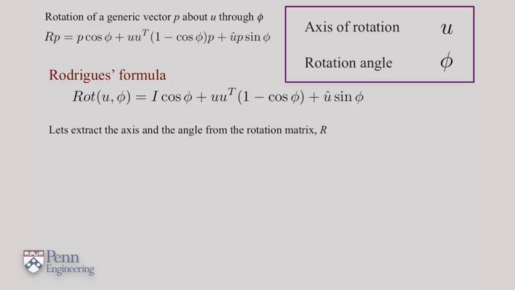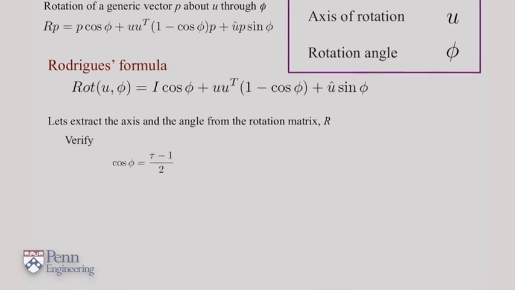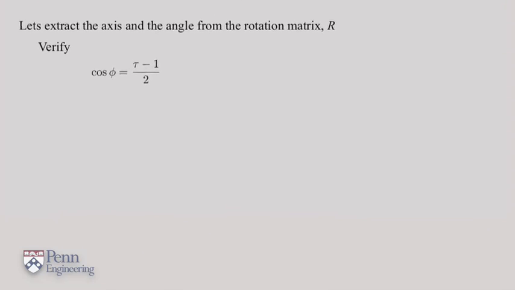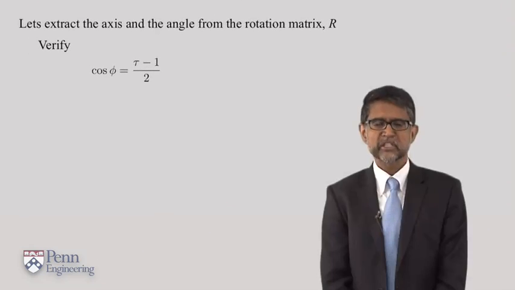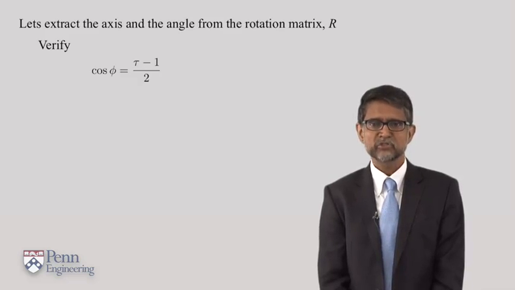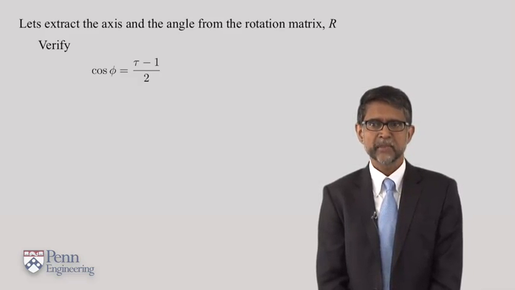So to do this, you can verify that if you take the trace of the rotation matrix, let's call that tau, which is essentially R11 plus R22 plus R33, and you subtract 1 from it, you divide by 2, and you will get cosine of phi.